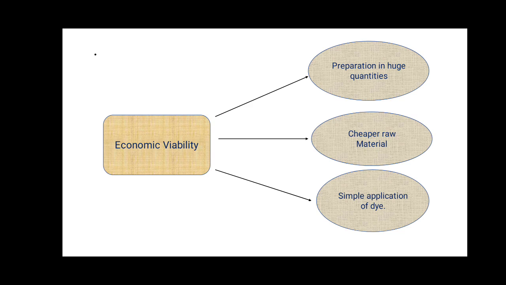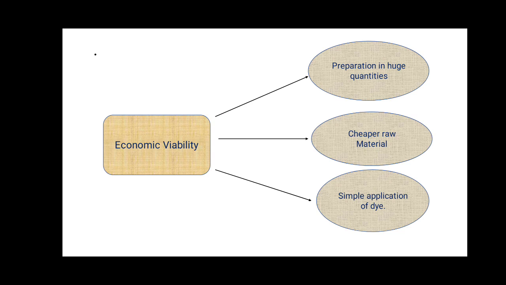Then solubility is an important factor, where some dyes are soluble in aqueous solution whereas some dyes are soluble in organic solution. Then linearity and coplanarity: when dye molecule and substrate molecule are linear, affinity increases.